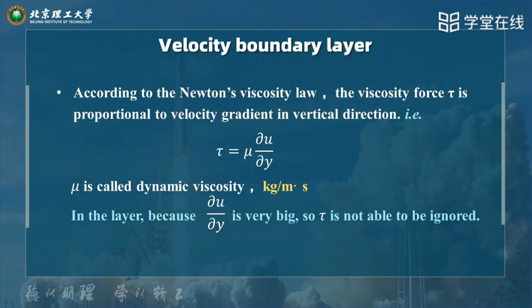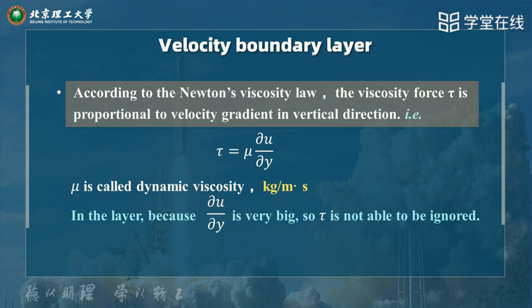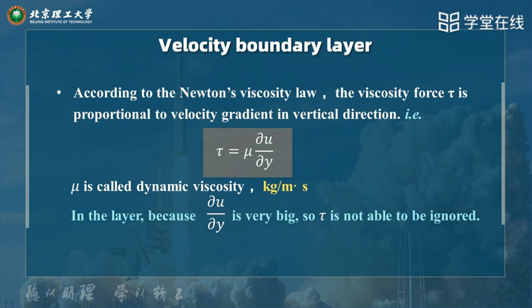About the velocity boundary layer, we can give more discussion. According to Newton's viscosity law, the viscous force tau is proportional to the velocity gradient in the vertical direction. That is, tau equals mu times partial u over partial y. This is a very famous equation.